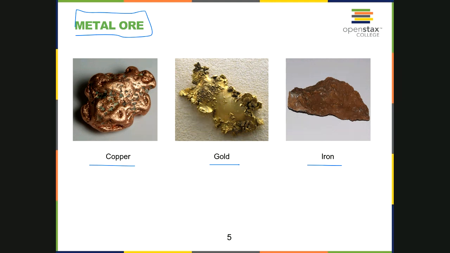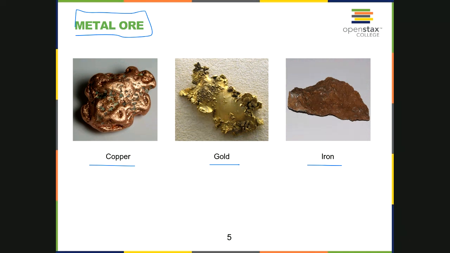You just leave them in the combinations you found them, and they become gemstones or pigments. So these are examples of metal ores, and so now that's pretty much it on transition metals.